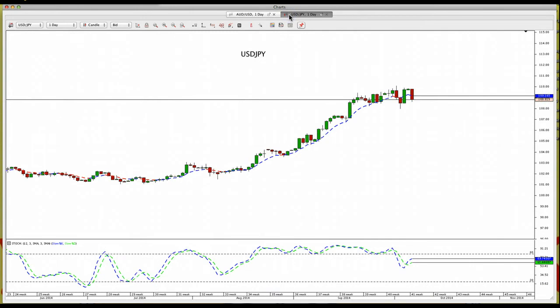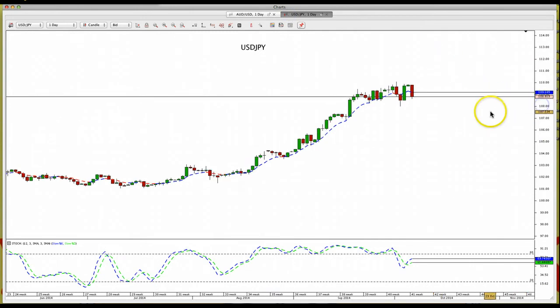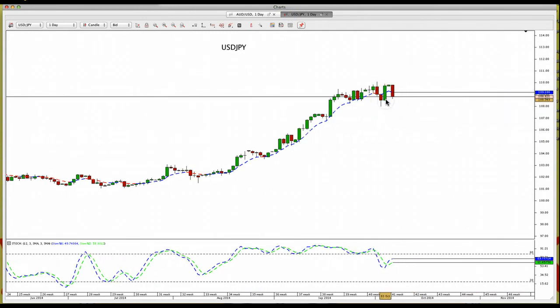Now on USD yen, I jumped the gun. I sent a signal to buy because of this bullish engulfing candle, but the market just gave everything back. So we're looking at a potential evening star, previous resistance, and price came back down at least 75% of this candle. That's what we need.